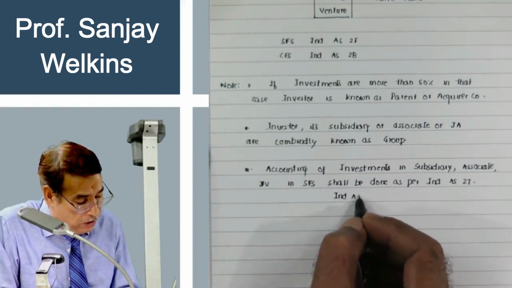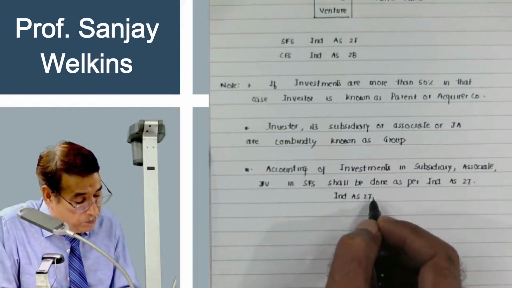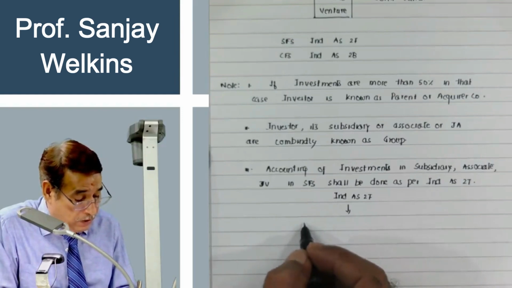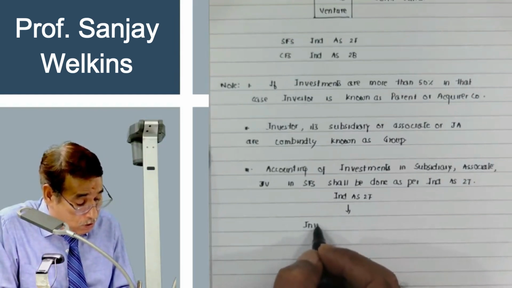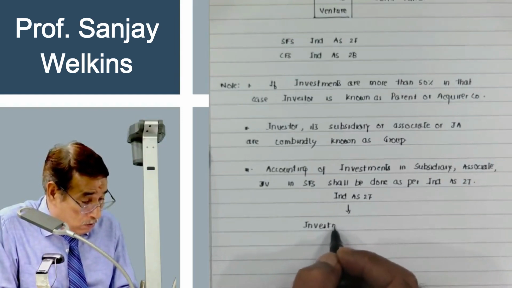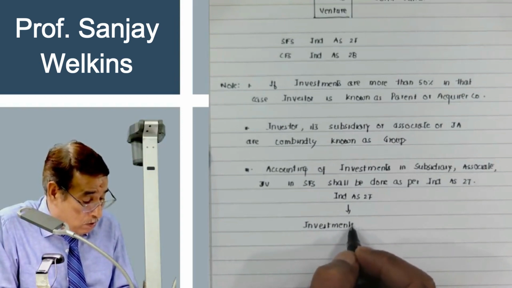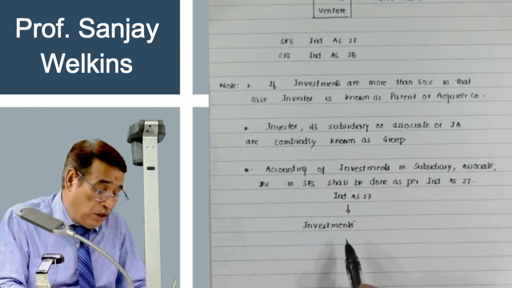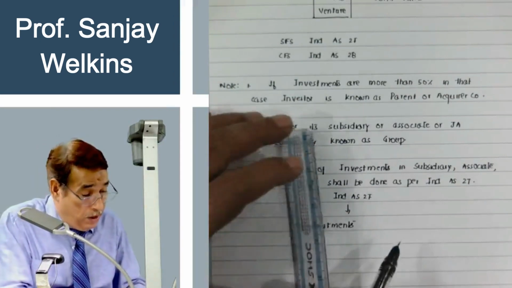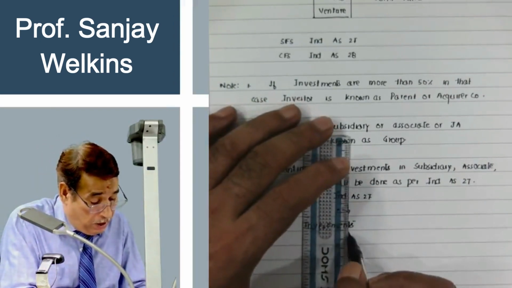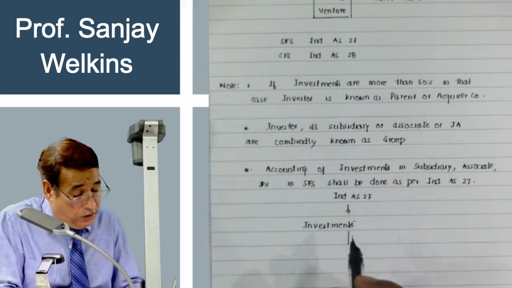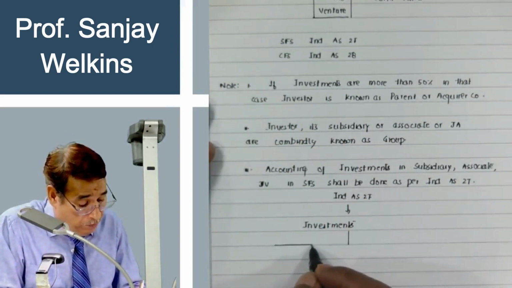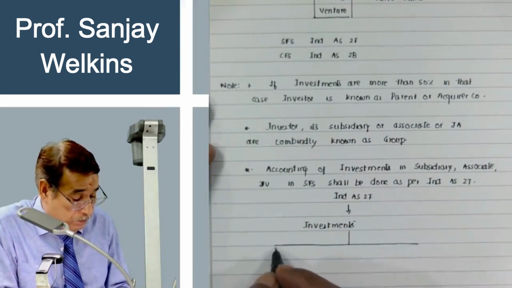Ind AS 27 simply states that investments in subsidiary, associate, joint venture, correct, can be at cost, can be represented at cost.